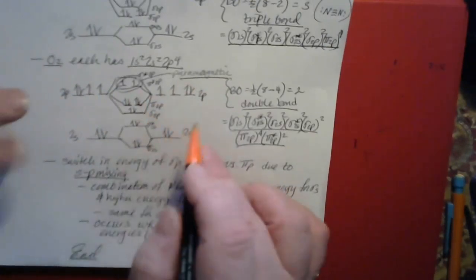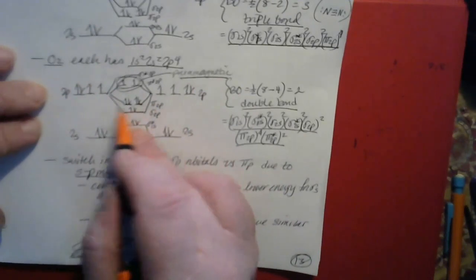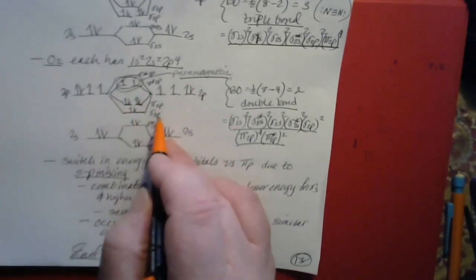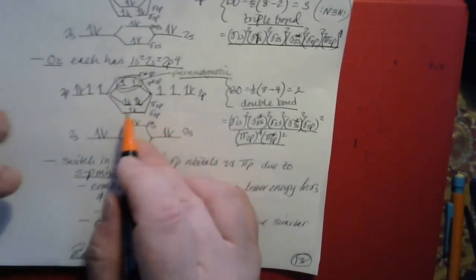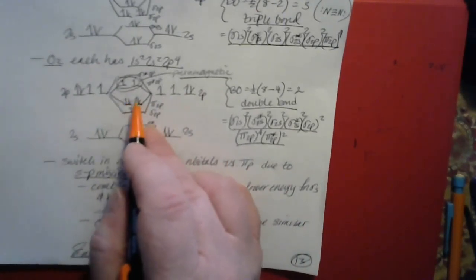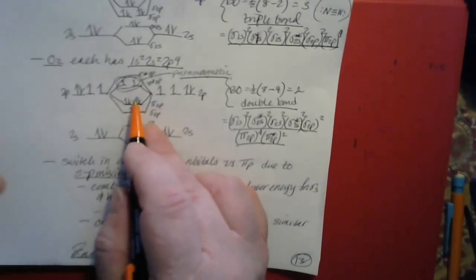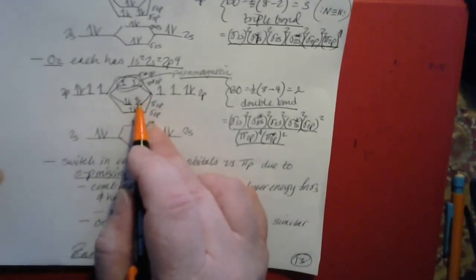So you start filling them in from the lowest energy on up. First one goes here, second one goes here to pair up the electrons in the sigma 2p molecular orbital. Then the third one would go into one of the pi 2p orbitals, and the next one would go into the other pi 2p bonding orbital.